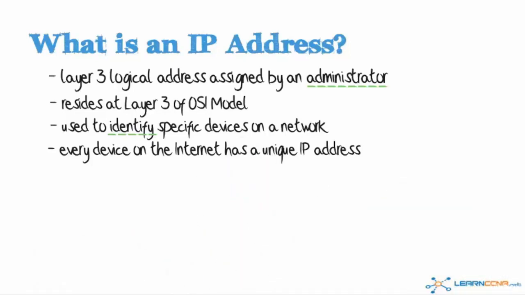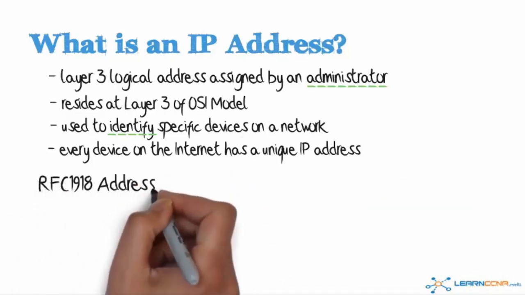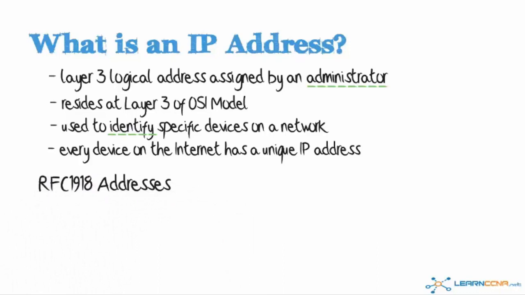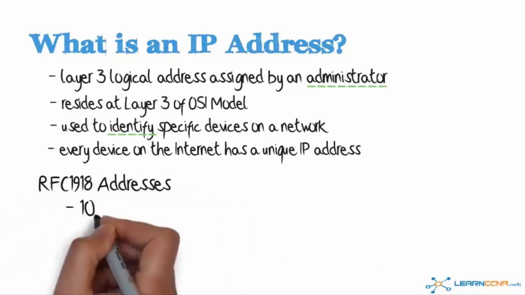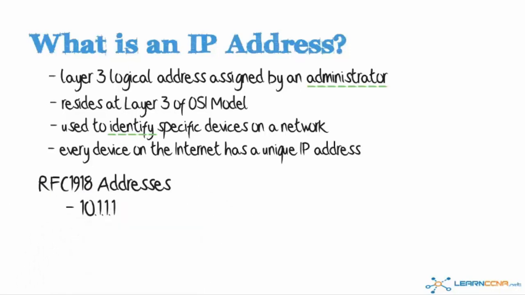Now, I will be talking about RFC 1918 addresses in a moment. In that RFC, private IP addresses are explained. So 10.1.1.1 is an example of a private IP address as specified in RFC 1918. In a lot of organizations today, private IP addresses are used internally, and then those addresses are NATed, or network address translated, onto the internet.